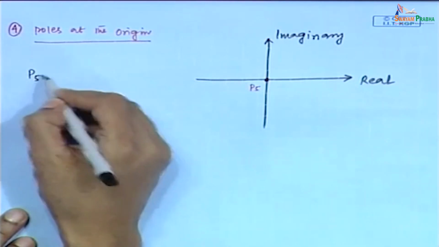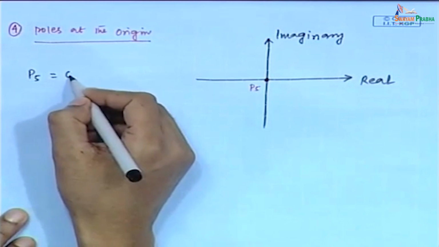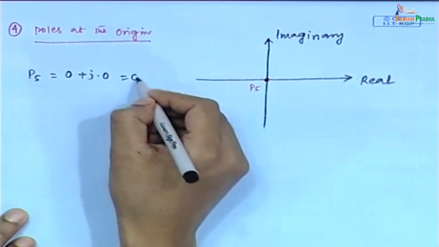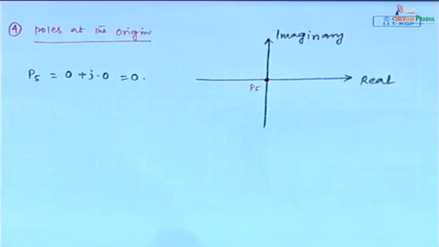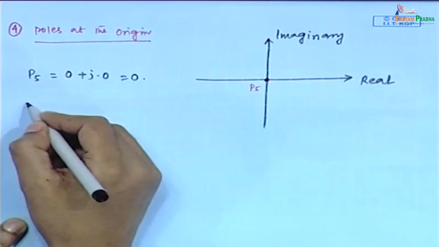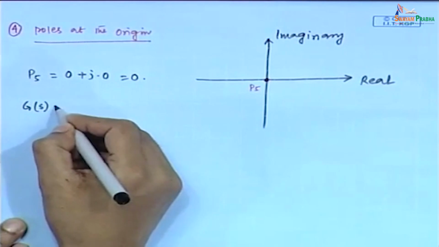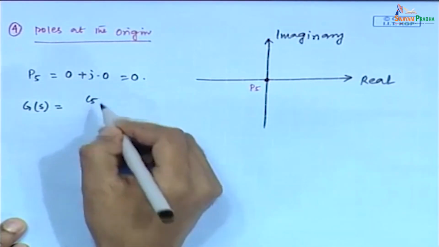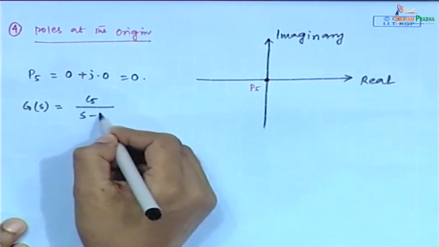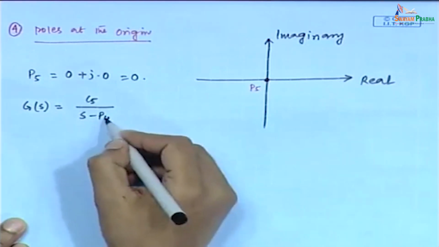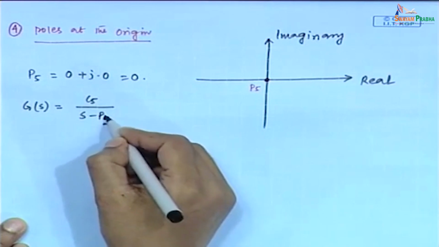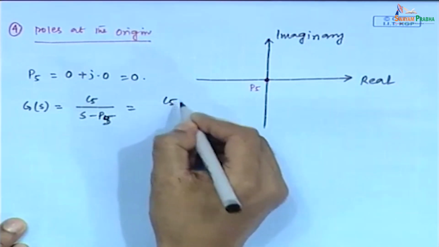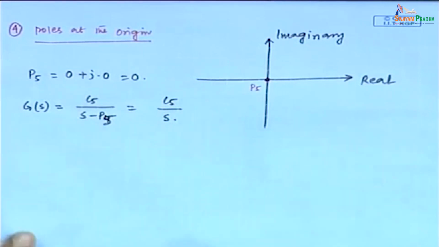That means, P 5 equal to 0. Then transfer function G s reduces to C 5 divided by s minus P 5, equal to C 5 divided by s.